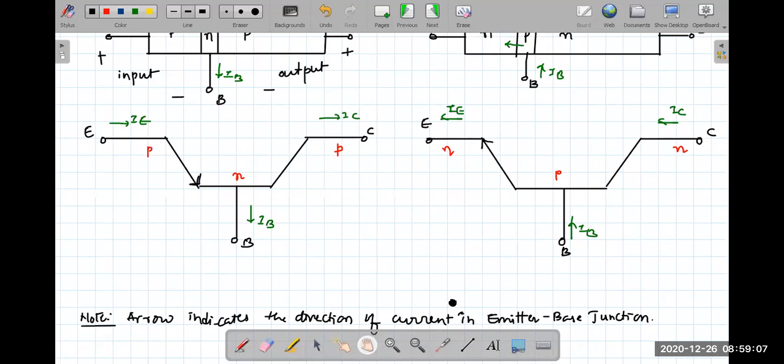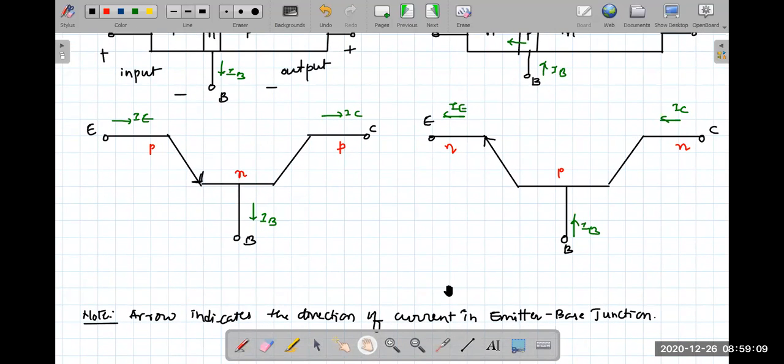Now, if you are confused, you can remember it this way. This is a PNP transistor, and this is an NPN transistor. What is happening to the arrow here? Is the arrow pointing in or out?